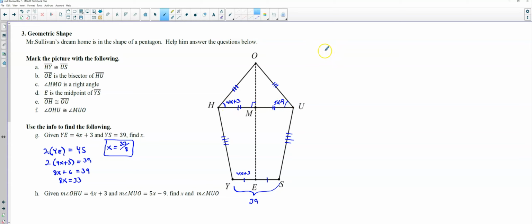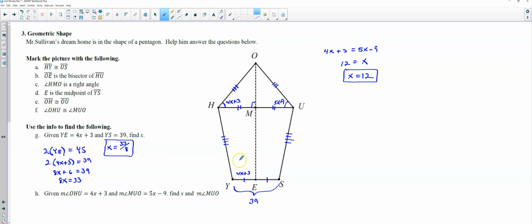So I'm going to say that 4x plus 3 equals 5x minus 9. It's easier if I move that 4x to that side, because 5x minus 4x is x. And then 3 plus 9 is what? 12. So that means x is 12. So I have my first answer. Find x. X is 12.